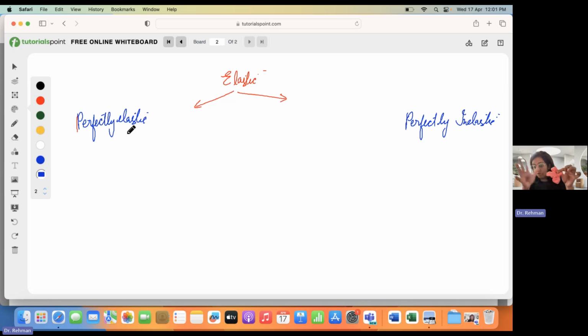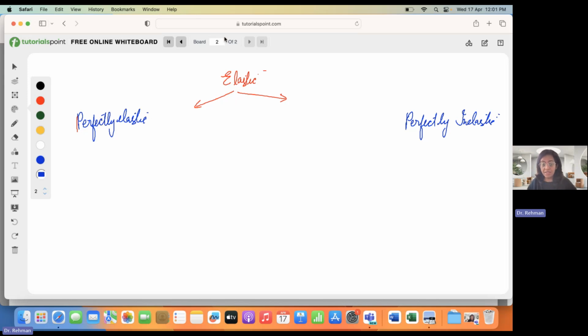So if I'm applying the force of price, that's my hands, and it is leading to a change in demand, this is elasticity. It is called an elastic demand. On the other hand, if I have demand and no matter how much I apply the force of price, the demand remains constant, this is called inelastic demand.